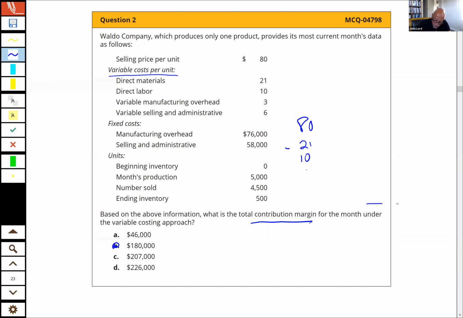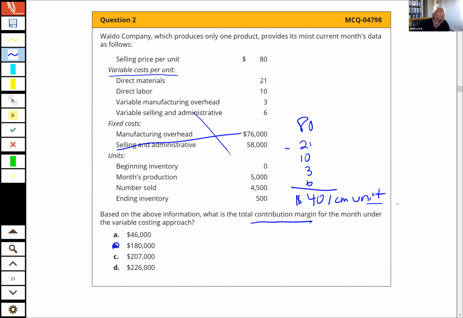Variable manufacturing overhead, yes, we take that in calculating contribution margin. Variable selling and administrative, yes, we take that. We don't consider any of this fixed cost information here. They're just to mess us up, right? So when we do all that, what do we get? Did you get $40? Contribution margin per unit.